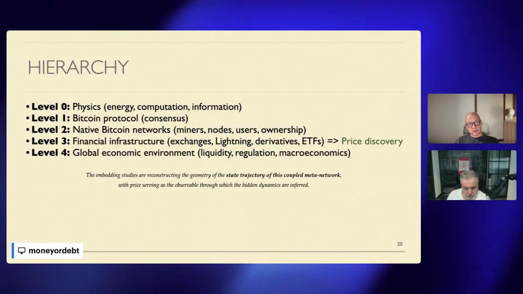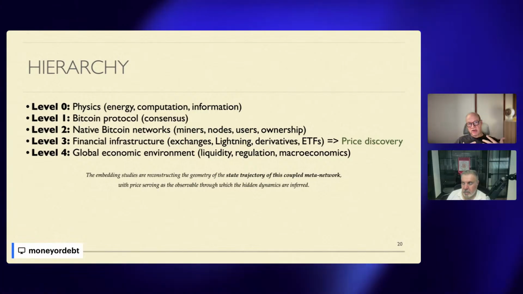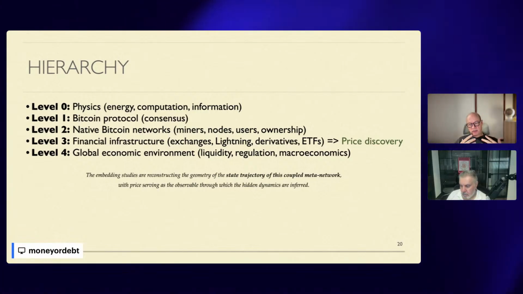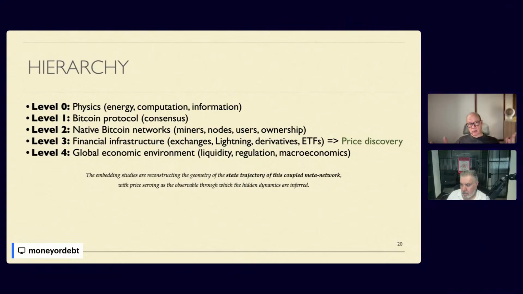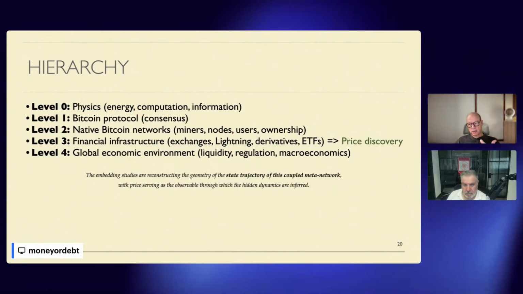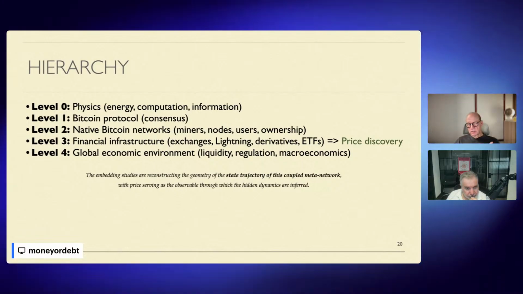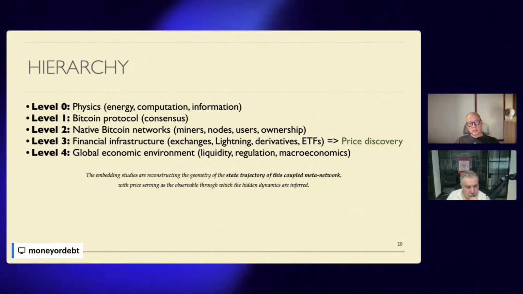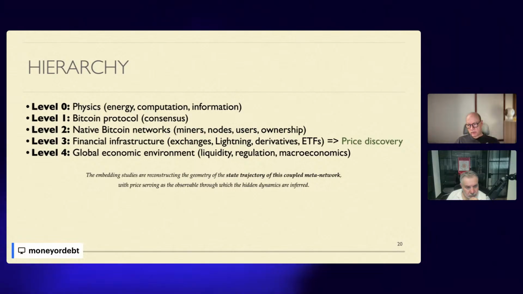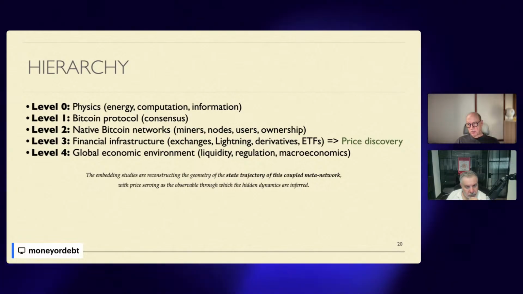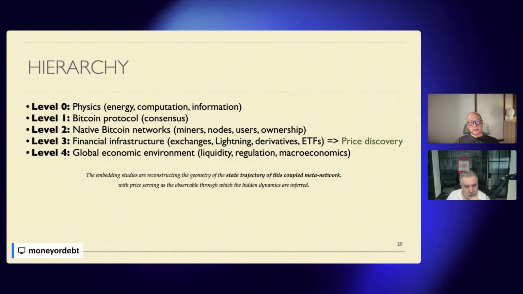So in summary, in terms of the motivation of this, you think back to the hierarchy that builds Bitcoin. You start with physics, with energy, with computers, with information. And then you layer onto that the protocol and the software.